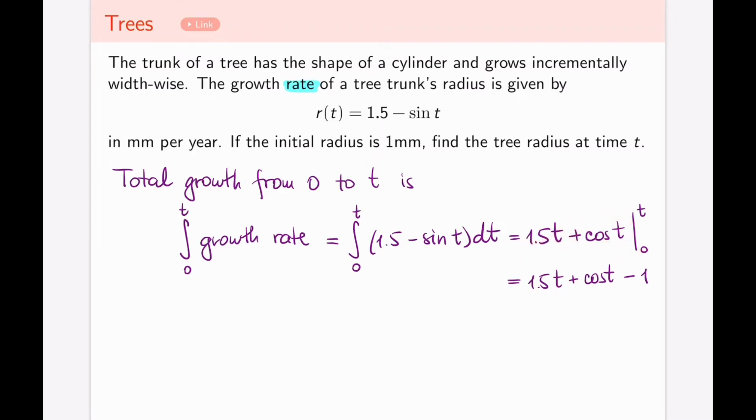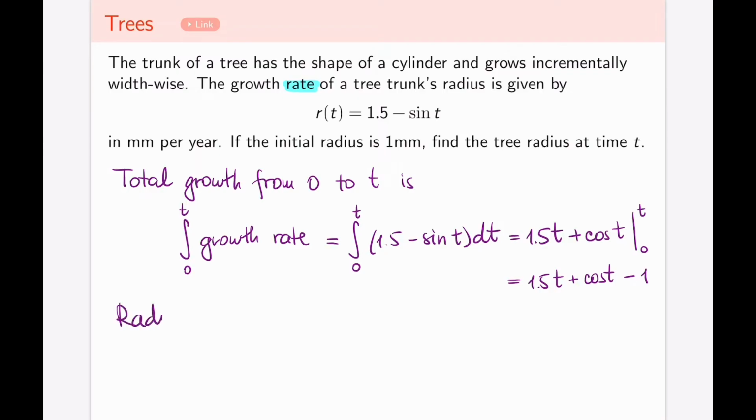Now, what I am told, though, is that we begin with radius of 1 millimeter, which means that while this is giving me the total growth that happened from 0 to t, I need to add the initial radius to this total growth in order to obtain the actual radius at time t.